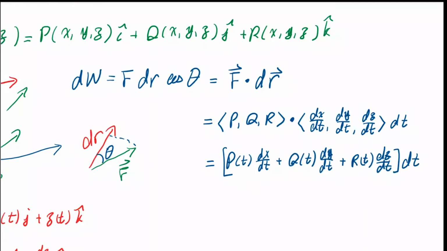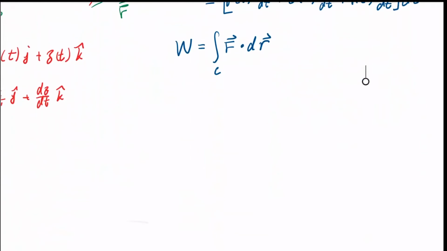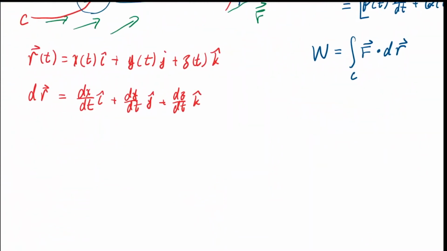You know what I'm saying? So your work done by the field along this curve is F dot dr, like that. Heavy, isn't it? Let's take an example to make this make a little more sense, right? Yeah, because right now you have no idea what is that theory that you're throwing at us, right? Okay, example.